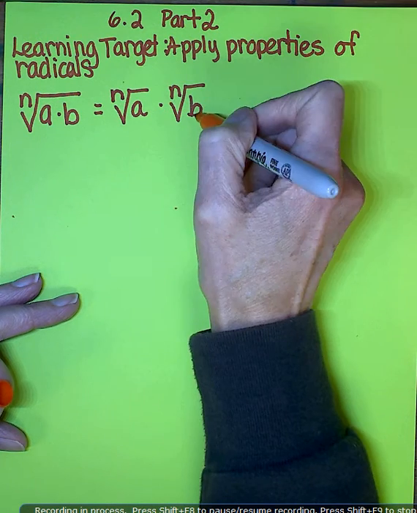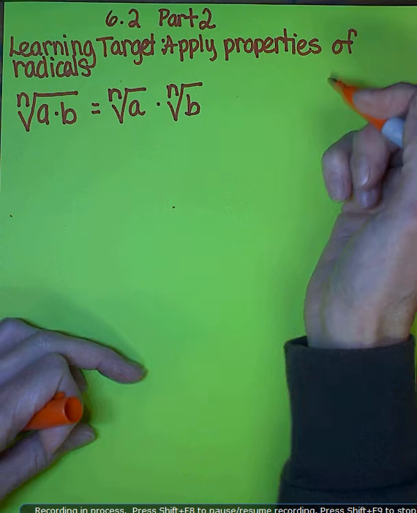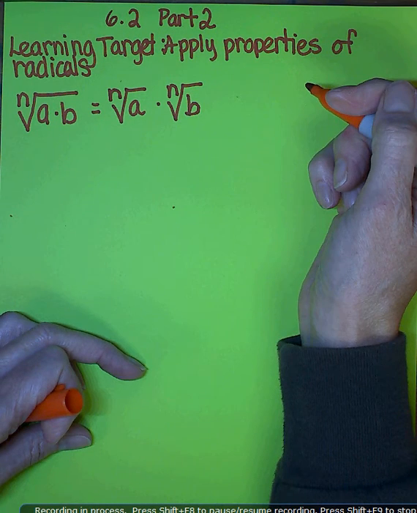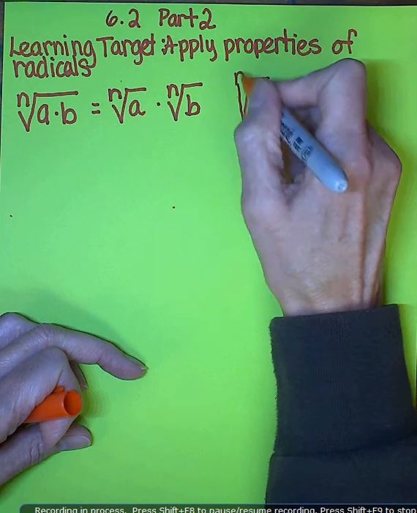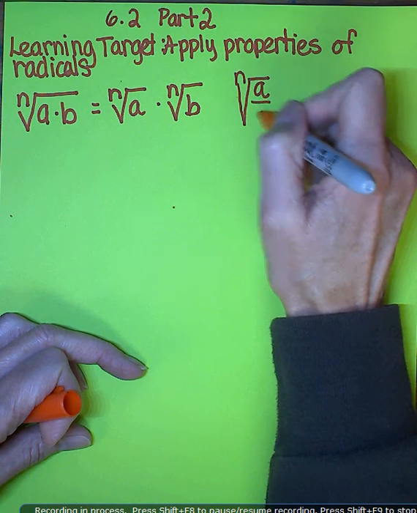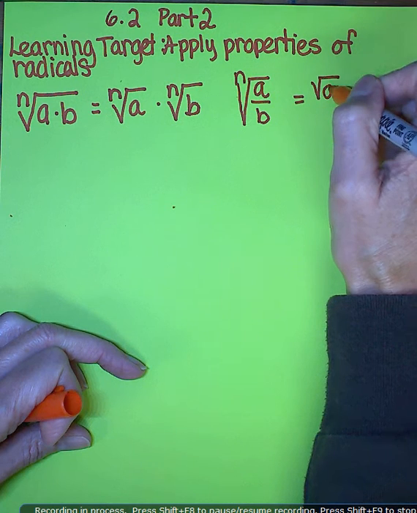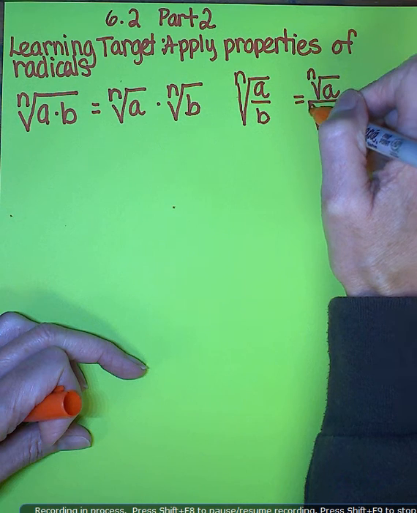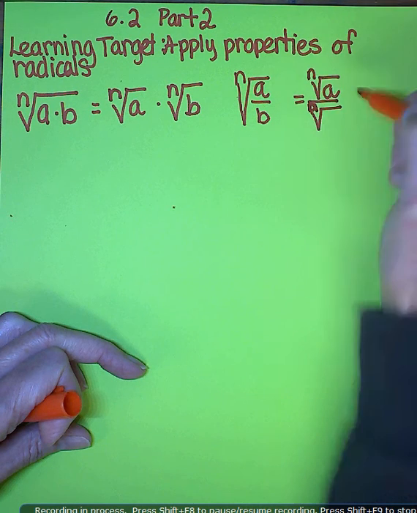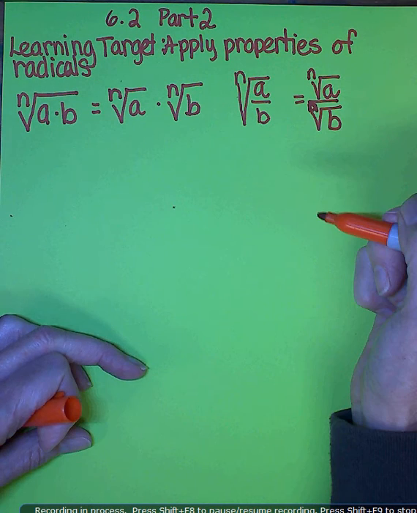If it's already broken apart, sometimes it's helpful to put them together under the radical to help you solve it. And the same thing happens if there's a fraction underneath the radical. Sometimes it's easier to solve the problem if you separate them. And oops, that's supposed to be an N right there. Sometimes it's better to put them back together.